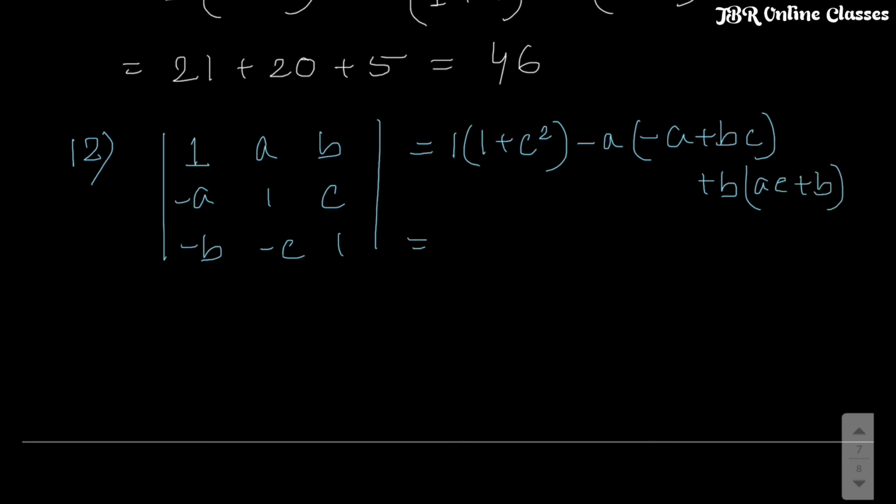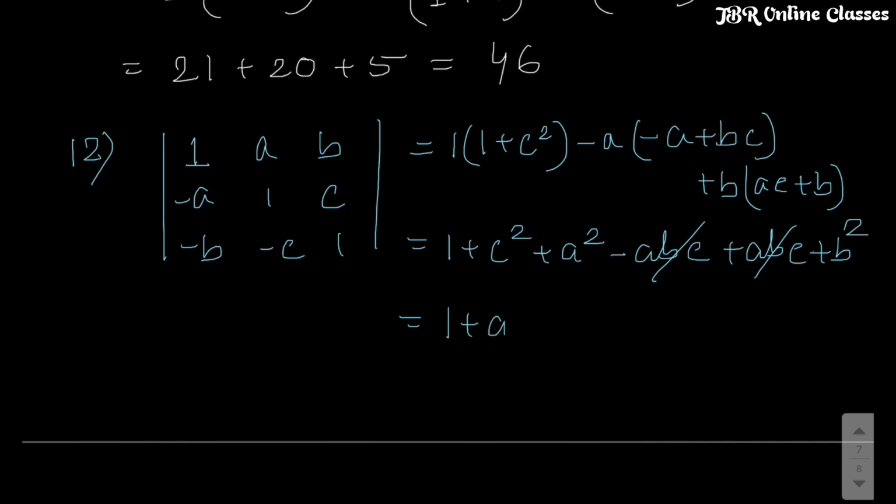So now multiply: 1 plus c square, plus a square, and the last one minus abc, here plus abc and then b square. It's very easy, as you see abc in opposite signs cancel out. So your final answer will be 1 plus a square plus b square plus c square.